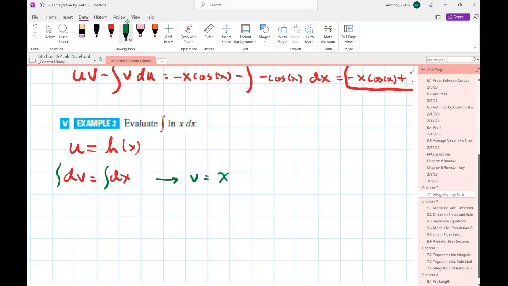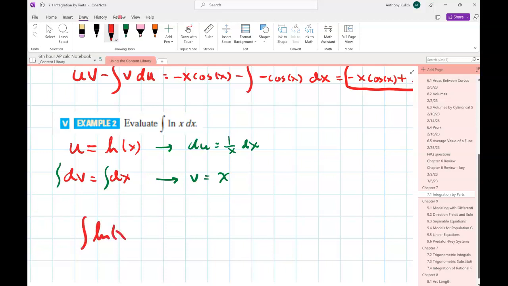You were right the first time. Oh, excuse me, I had a yawn coming, is why I stalled. That was right, though. And then what's du gotta be? 1 over x dx, though, right? Okay. That's everything we need now.